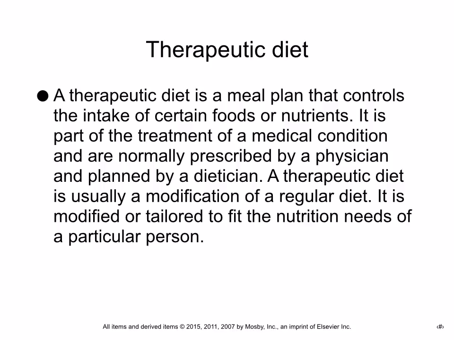A therapeutic diet is usually a modification of a regular diet. It is modified or tailored to fit the nutrition needs of a particular person. It can be either for a patient recovering from illness, or prevention of disease, or management of any disease. And usually you see these diet changes when a patient is coming from surgery.